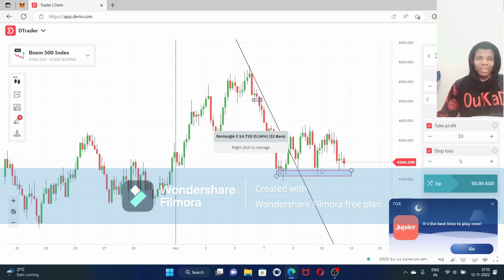That was the 15 minutes. Now this is a 4 hour. The 15 minutes we analyzed like this one. On the 4 hour, we have a resistance here, a resistance here. Sorry, support. We have support, support, support. These are supporting points. But when you go to the 4 hour time frame, you can see that the market is consolidating.